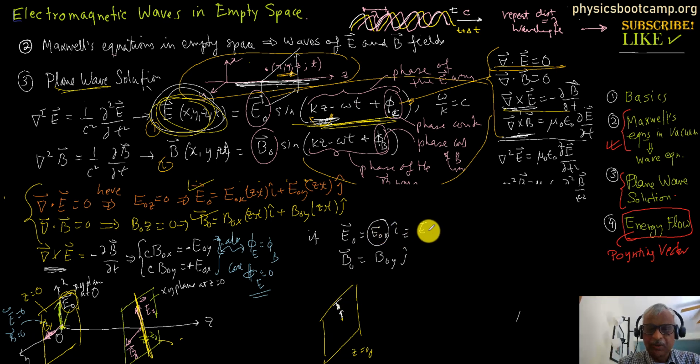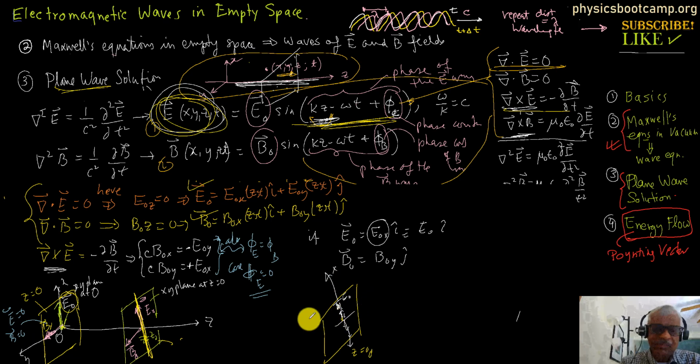Let's call it E0 I hat. So it goes to the E0 value, and then it starts to come down, in the opposite direction. So this is the x-axis, and this is the negative x-axis, and it's going to be negative. And so it's going to oscillate up and down along this direction.